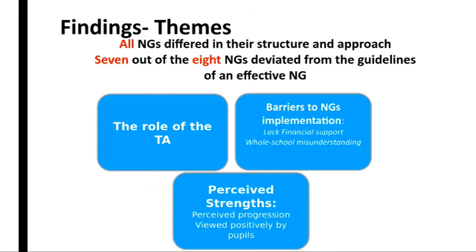But it wasn't really all doom and gloom, because there were some strengths. A lot of the TAs did report that, even though they were not running a standard nurture group, they thought their pupils within the nurture group had improved with regards to their SEMH needs. Although this was a perceived strength, I just want to point that out.